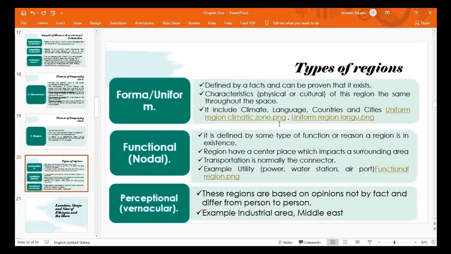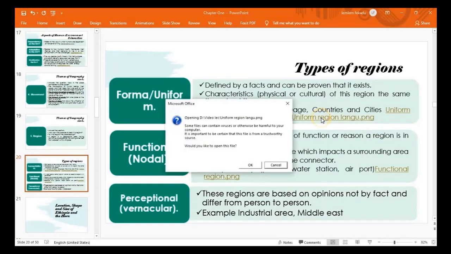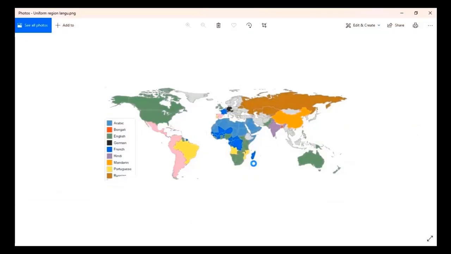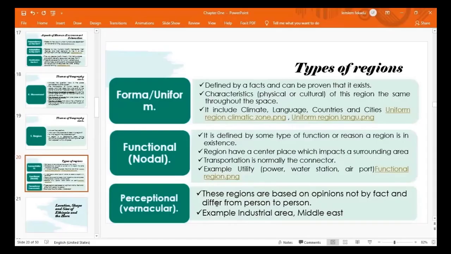And another one is language. Language is also a formal or uniform region. The second type of region is the functional or nodal region. These regions are formed or defined by some type of function.